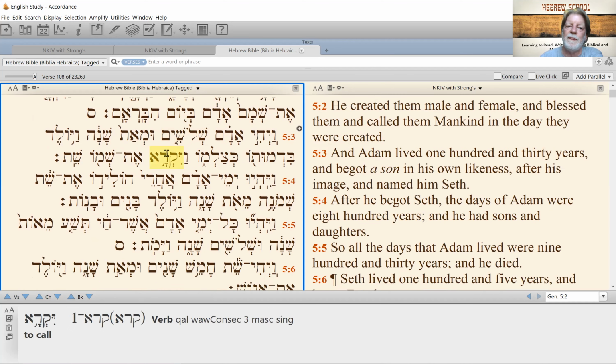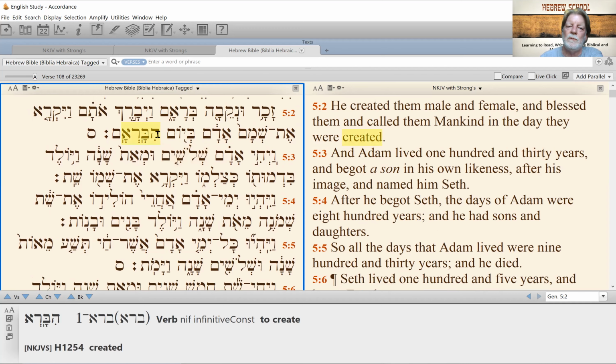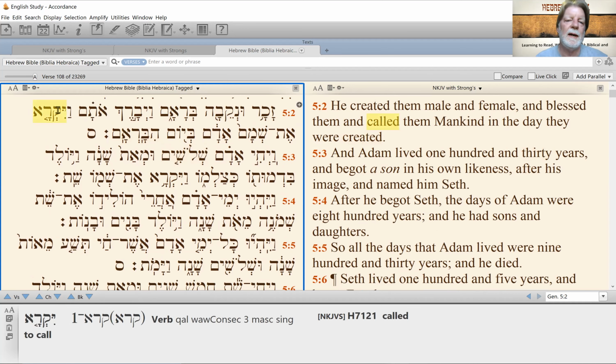Until we come to, in verse 2, va yikara, and there it looks like the tense of the verb has changed to an imperfect. And this is the imperfect form of the verb. But when that imperfect form of the verb has a vav in front of it, then the form changes.